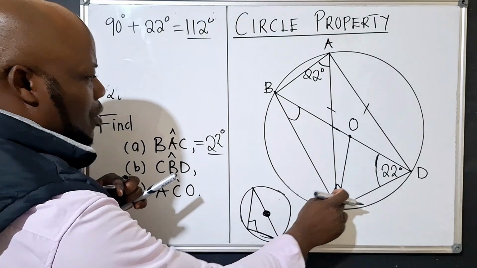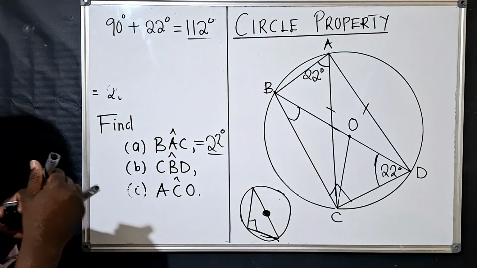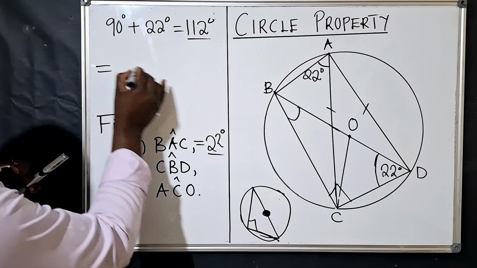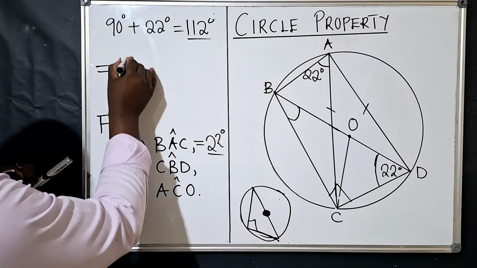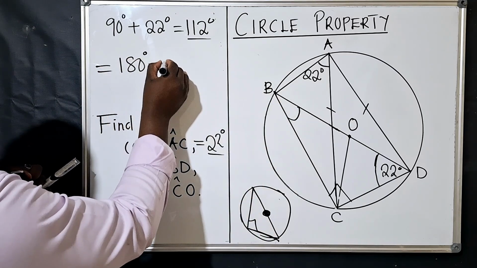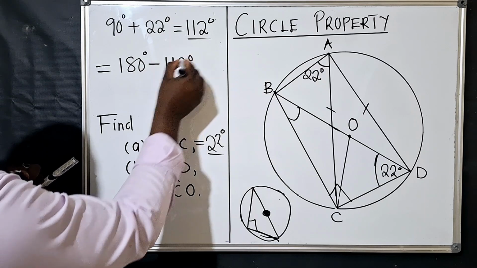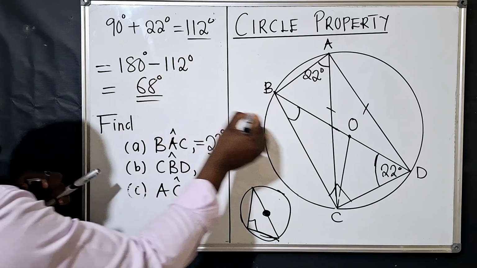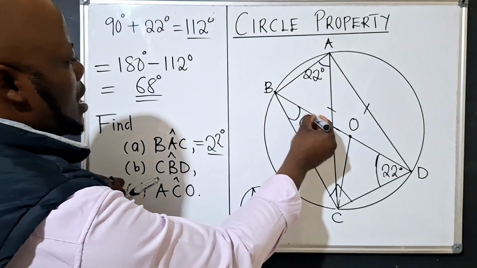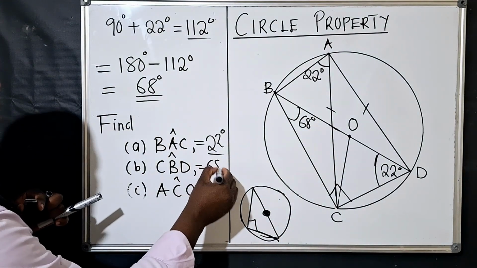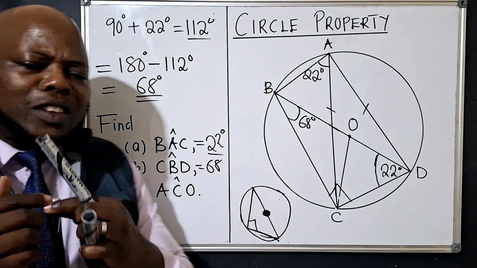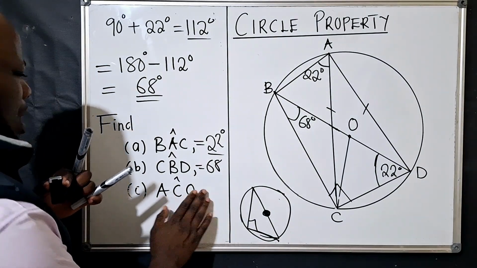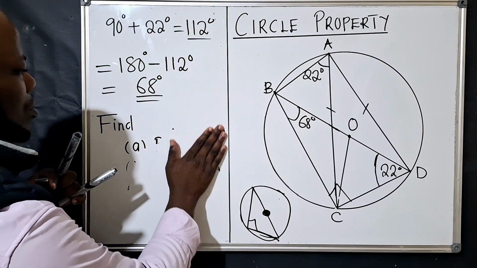So the sum of this angle and this is 112 degrees, of which if I want to find the angle here, I'll just say 180 degrees minus 112 degrees. Property of a triangle, this will give us 68 degrees, meaning the angle here is 68 degrees, which is our answer.